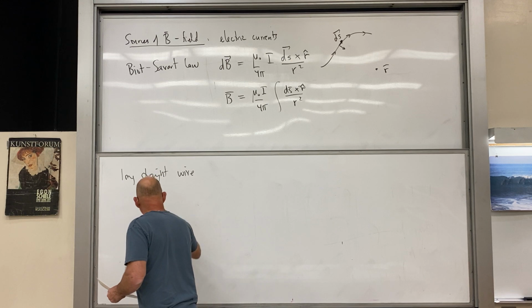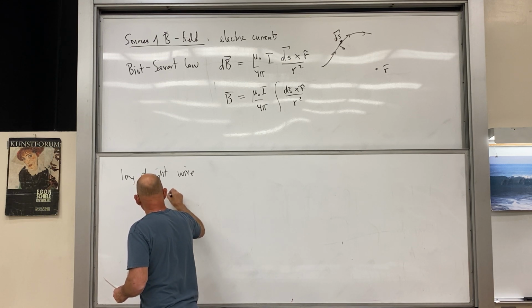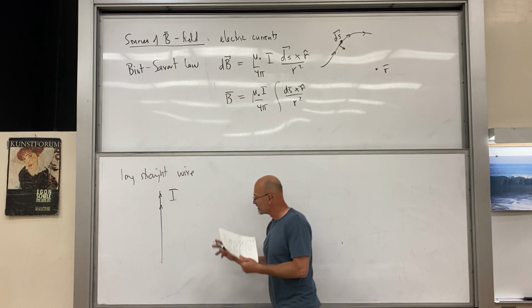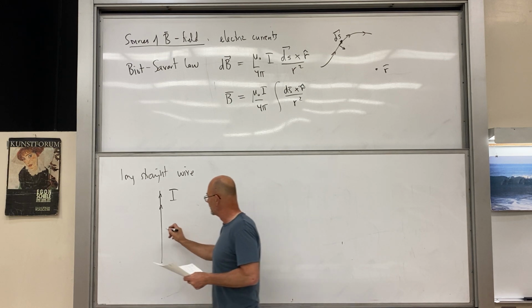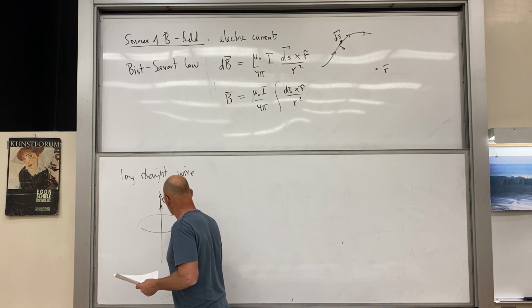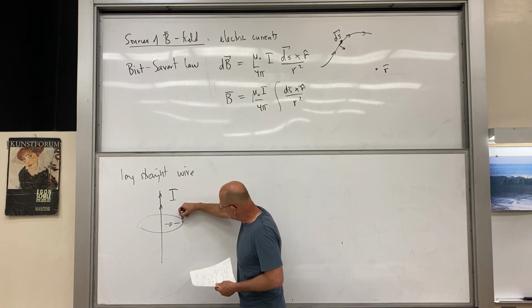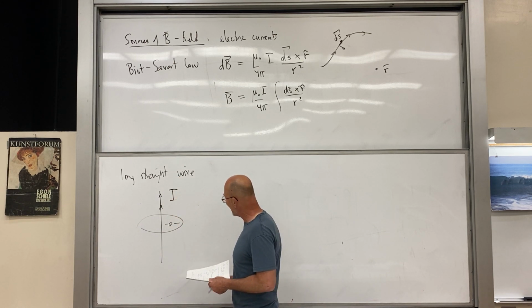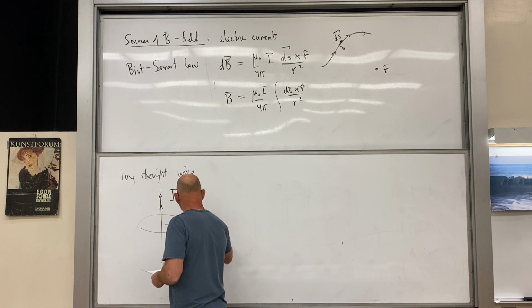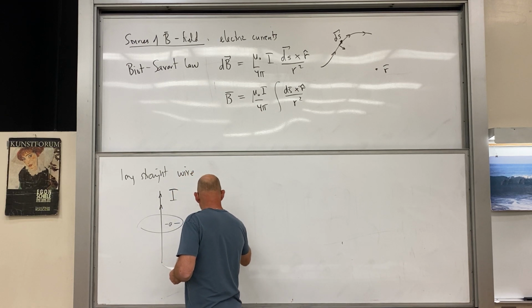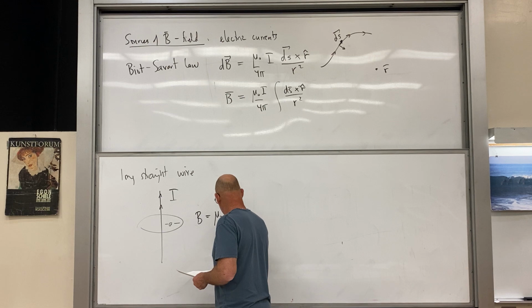And if the current is in this direction, then we have circular B fields going around here. And if the perpendicular distance from the wire is a, then B is equal to mu naught I over 2 times pi times a.